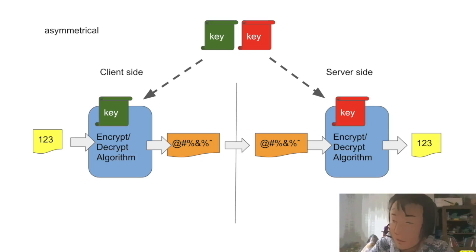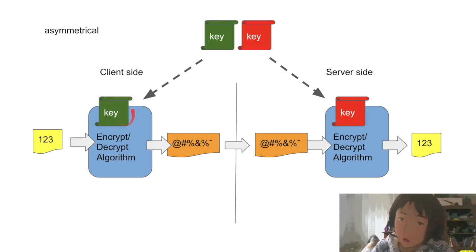Okay. There's another algorithm apart from that, which is the asymmetrical encryption algorithm. That algorithm uses two different keys. The key difference here is that this algorithm uses two keys. The previous one used one key.